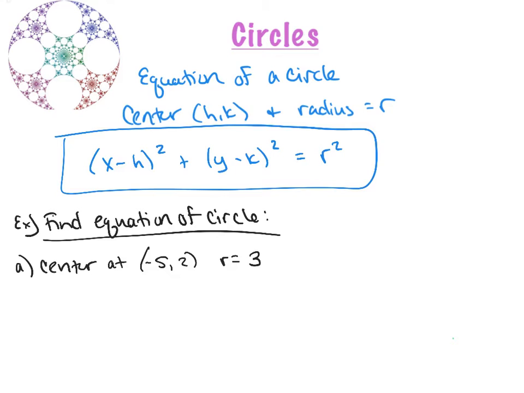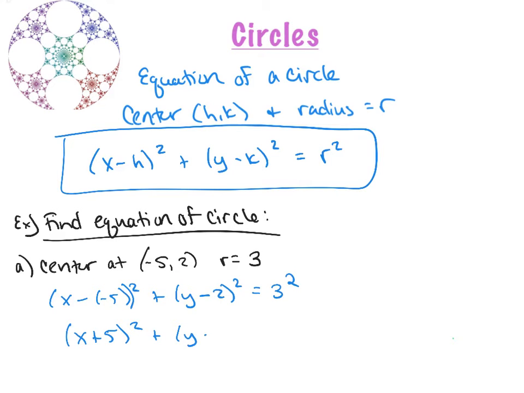Okay, the equation of this circle would be x minus negative 5 squared plus y minus 2 squared equals r squared, equals 3 squared. Or, in other words, x plus 5 squared plus y minus 2 squared equals 9.